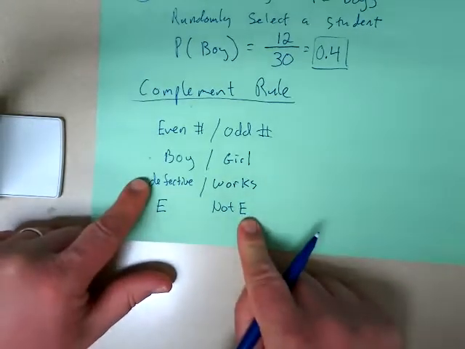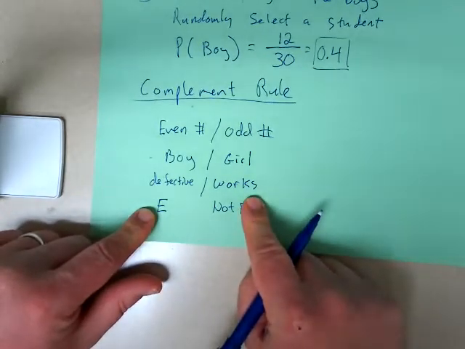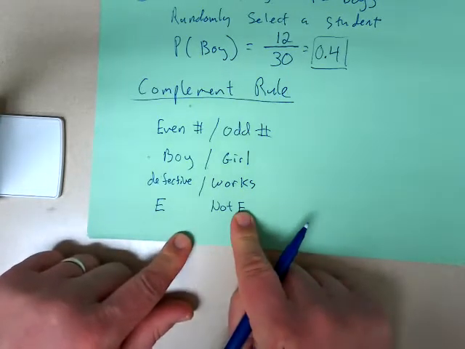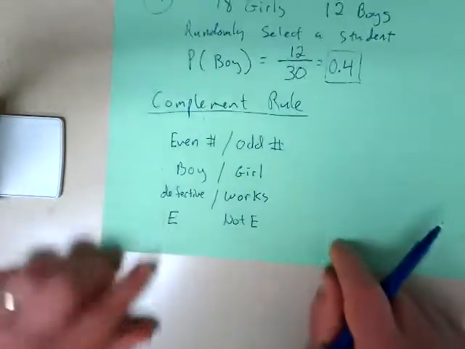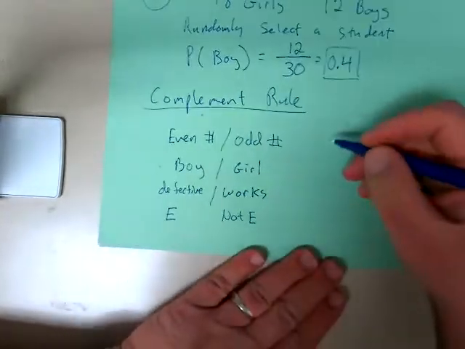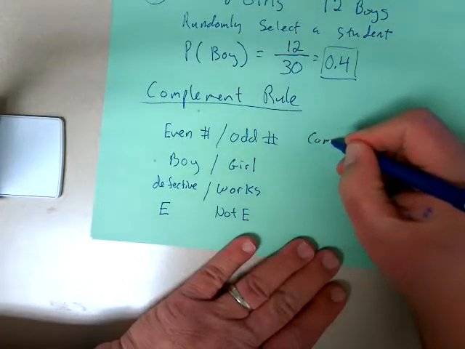So in this case, defective would be E. Not E would be that it works, right? But I could have said works is E, and then not E would be that it's defective. It does not work. Okay, so the reason for using this notation is that we have this rule, and this is called the complement rule.